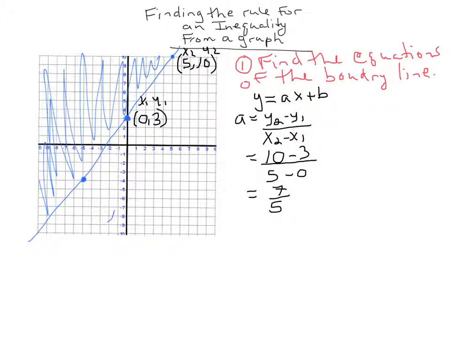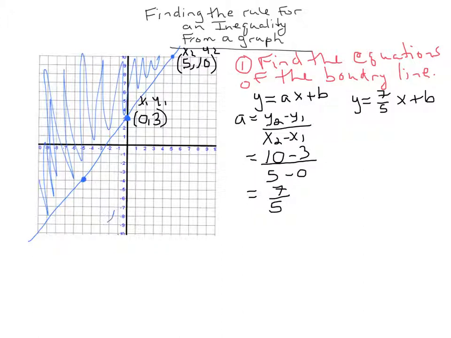Okay. So now that I have my slope, I can go ahead and try and find my y-intercept. Sub in one of my points. I'm going to sub in the point 0, 3 in this case. So I've got y equals 7 over 5 x plus b.